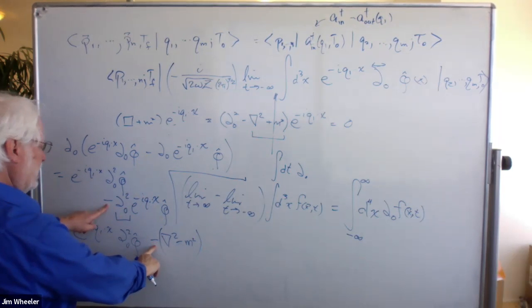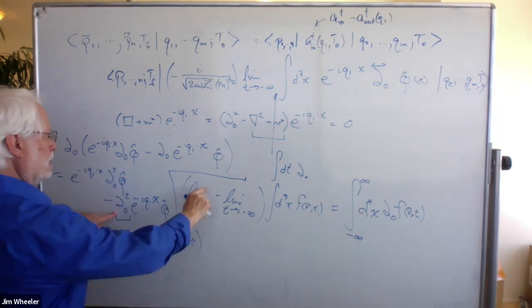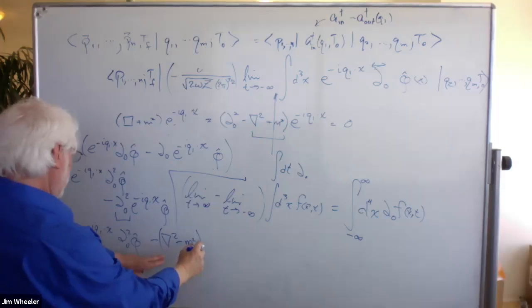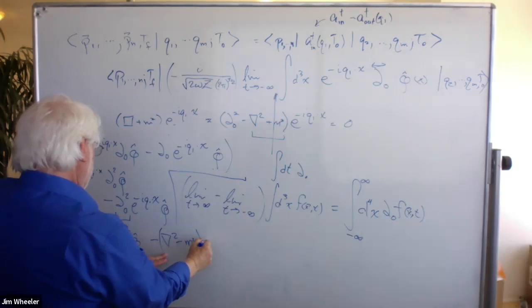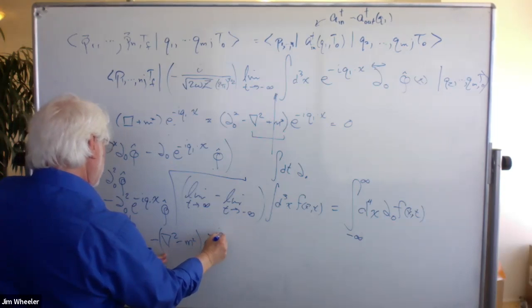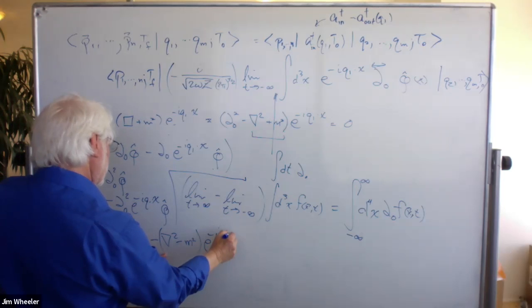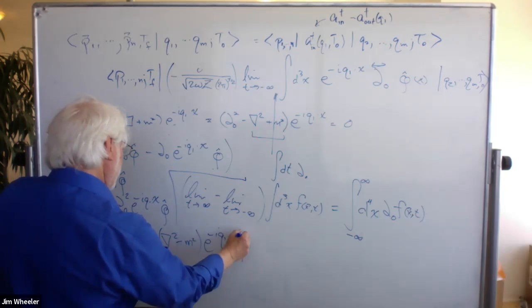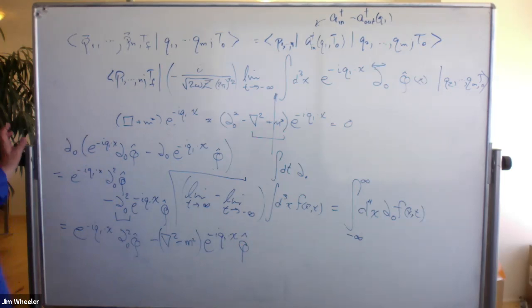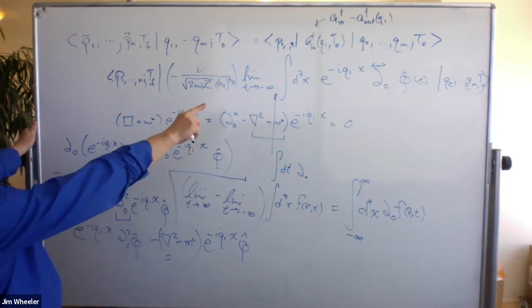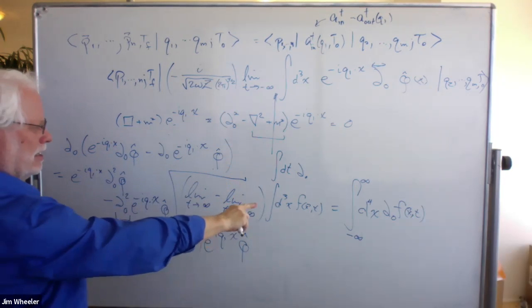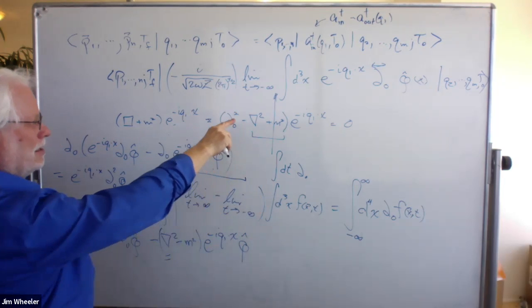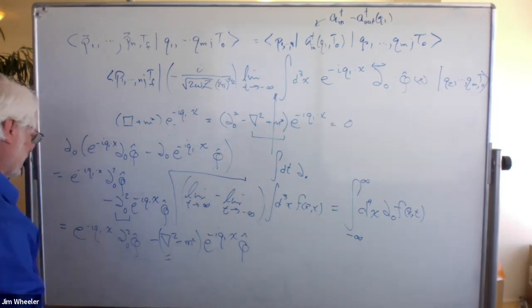That's this minus sign, and this is minus that stuff, acting on e to the minus i Q1 dot x phi. Now I want to integrate this by parts, because we're still under a full four-dimensional integral at this point.